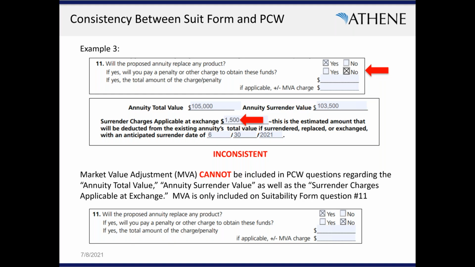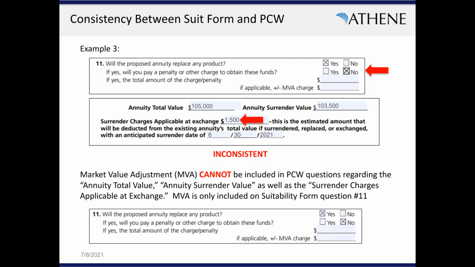Does the estimated date in question 1 need to match the date of the disclosure of surrender charges box? Again, no. There's really no way they would match, because if you look at the middle of the screen, what that's asking for is the anticipated surrender date. We're never going to issue our contract the same day the other contract is surrendered.